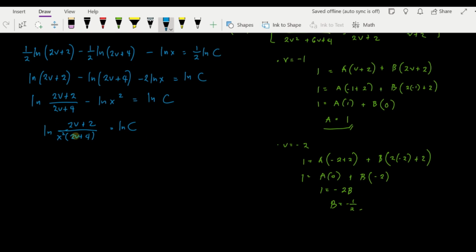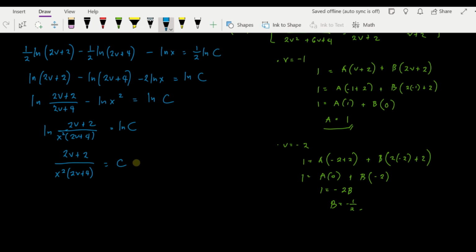So, ito kaya naging ganito lang, di ba? Minus, so division. Yung 2v plus 2 over 2v plus 4, i-divide sa x squared. Kaya naging 2v plus 2 over x squared times 2v plus 4. So, makikita ninyo, pareho ng may ln, pwede natin cancelin. So, magiging 2v plus 2 divided by x squared times 2v plus 4 equals c.